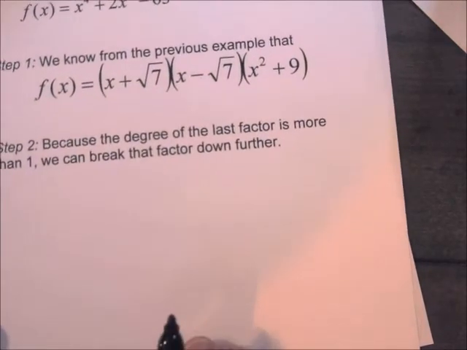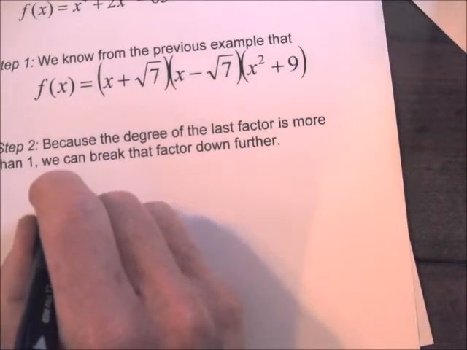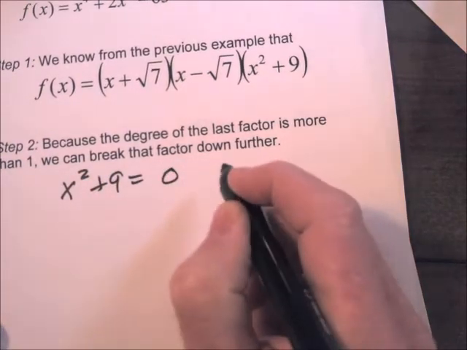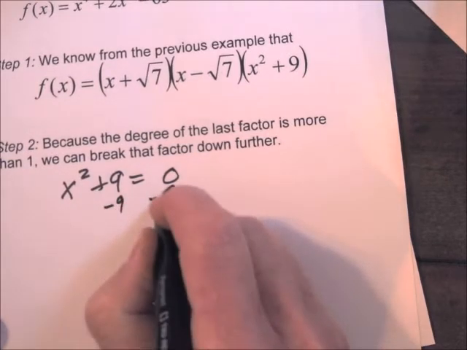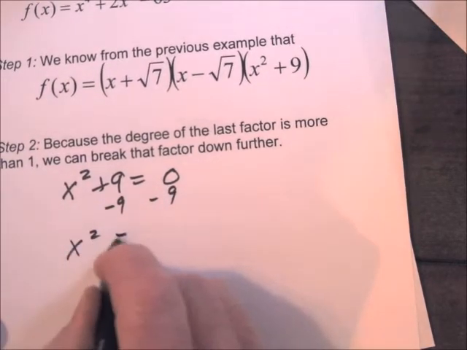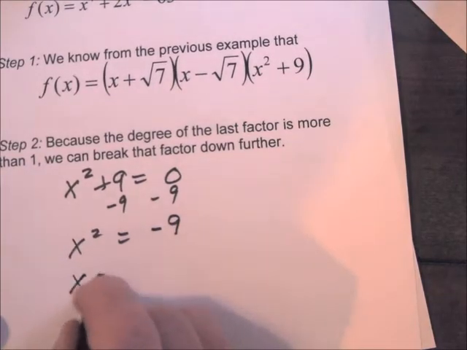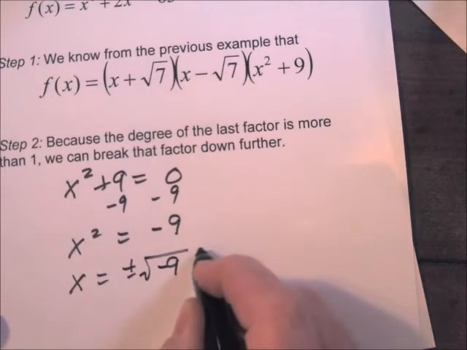We want to solve x squared plus 9 equals 0. Subtract 9 from both sides. That means x squared is equal to negative 9, and then take the square root. So x is going to be plus or minus square root of negative 9.